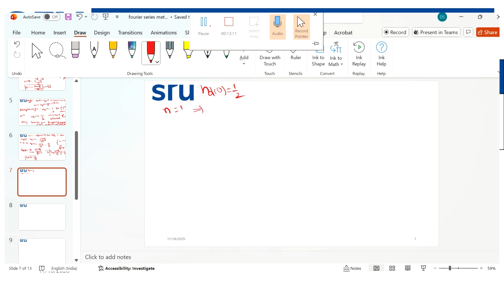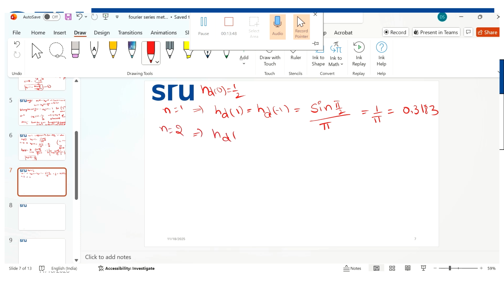Then hd of 1 is equal to hd of minus 1, because of symmetry, which is sin(n pi by 2) divided by n pi, with n equal to 1. So sin(pi by 2) is 1, giving 1 by pi. Now 1 by pi value is 0.3183.